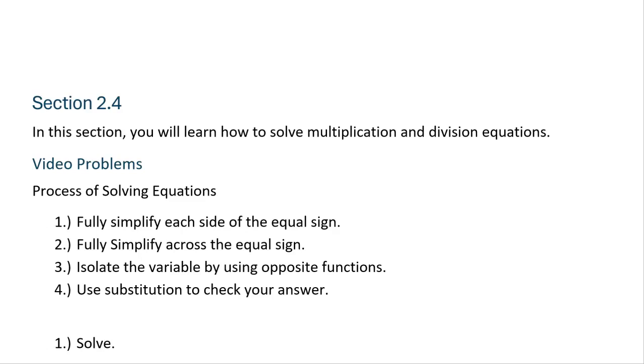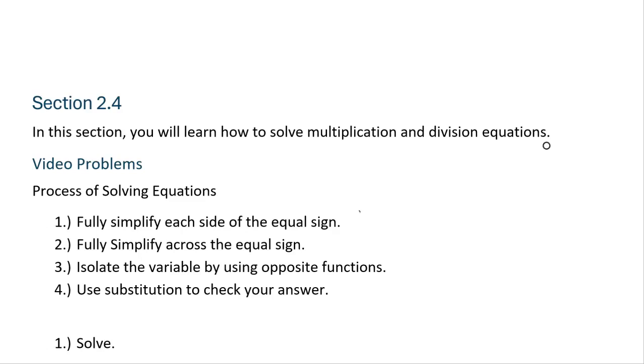Okay, so to just go over it, the process of solving equations, the first step is to always fully simplify each side of the equal sign. Now, you won't always need to do that because you won't have things that can be combined, but you need to always look because that has to be the first thing that you do.